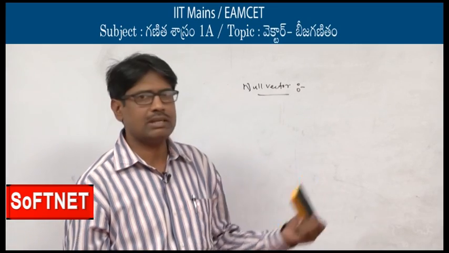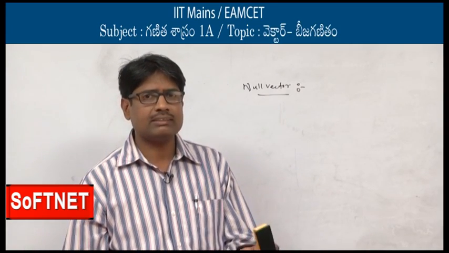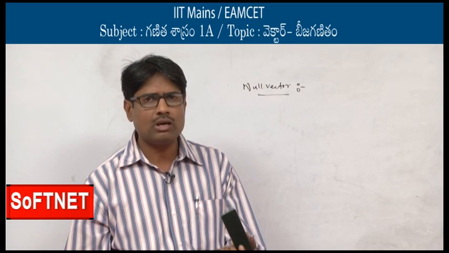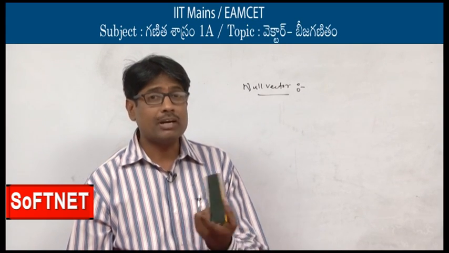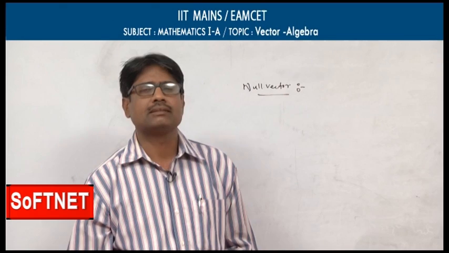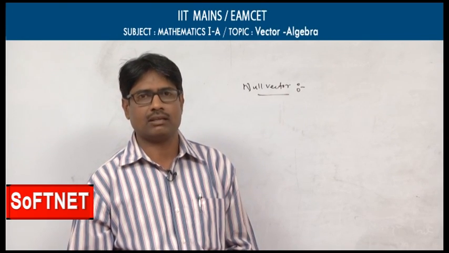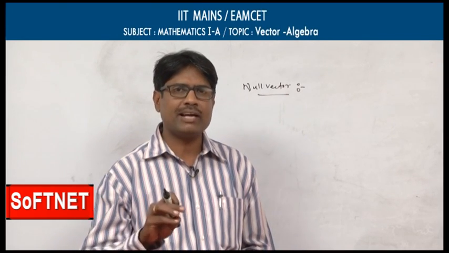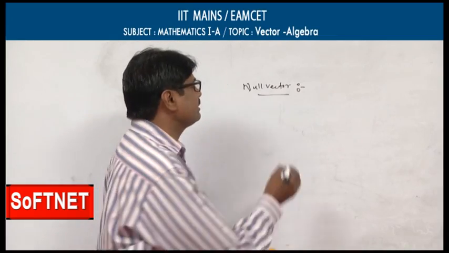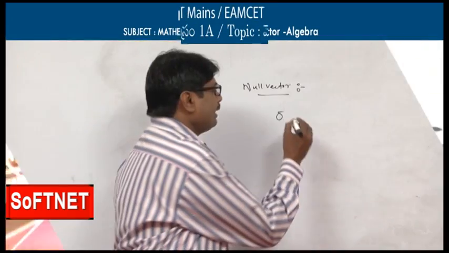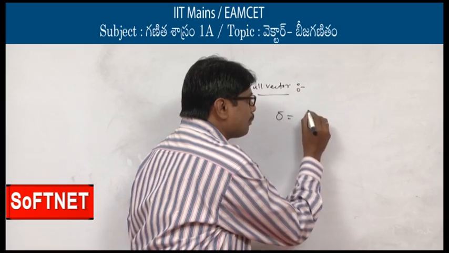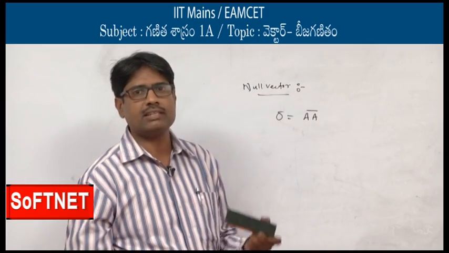I am talking about the null vector. We concluded that in the definition, magnitude of null vector is 0 units. What about its direction? There is no direction for the null vector. We may call it as undetermined or indeterminate direction. It is denoted by 0 bar. And its initial point and terminal point will be coincident. That is called null vector.